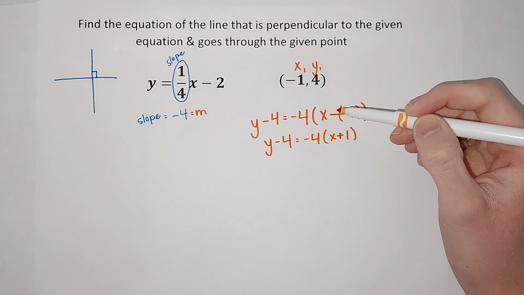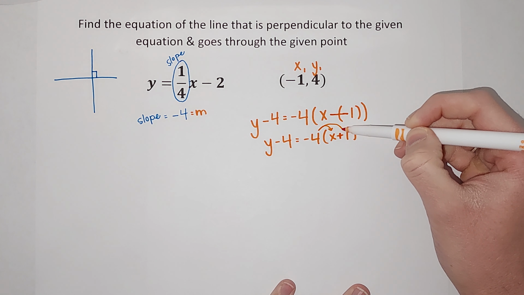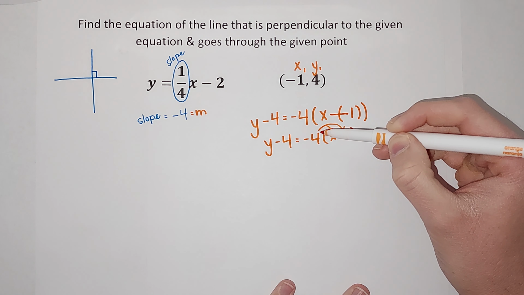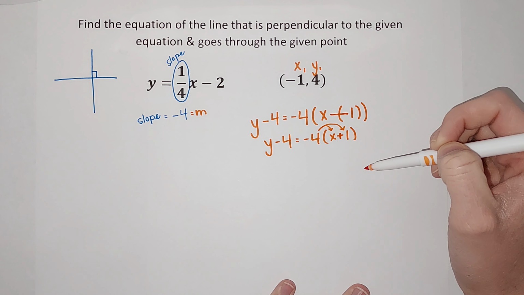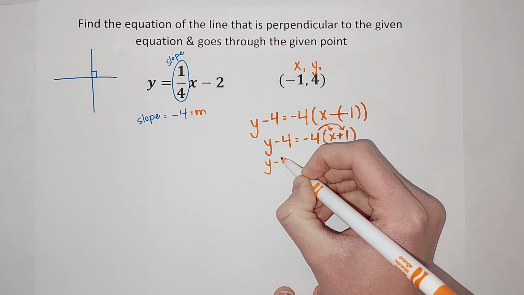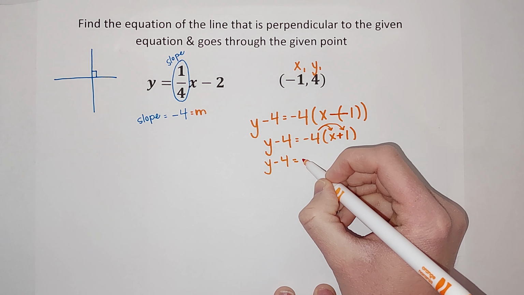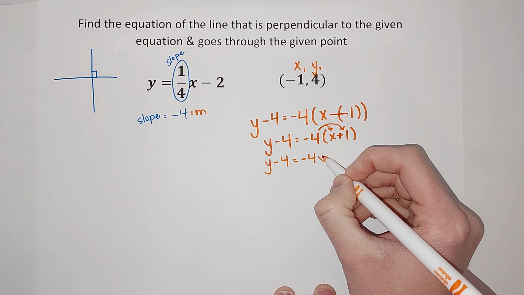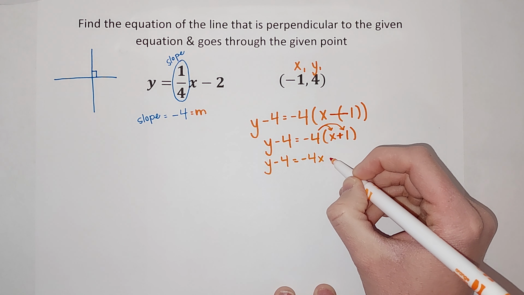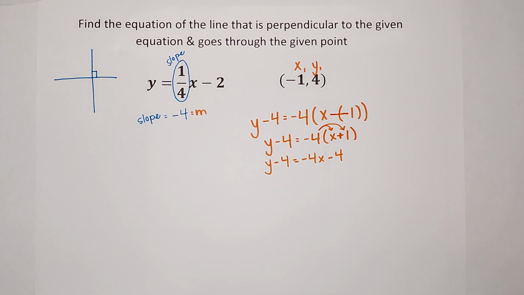So to get around that, I use the distributive property, where I multiply the -4 to the x and then to the 1. So over here, I've still got y minus 4 equals -4 times x gives me -4x. -4 times 1 gives me -4. Oh man, we have a lot of -4s going on here.